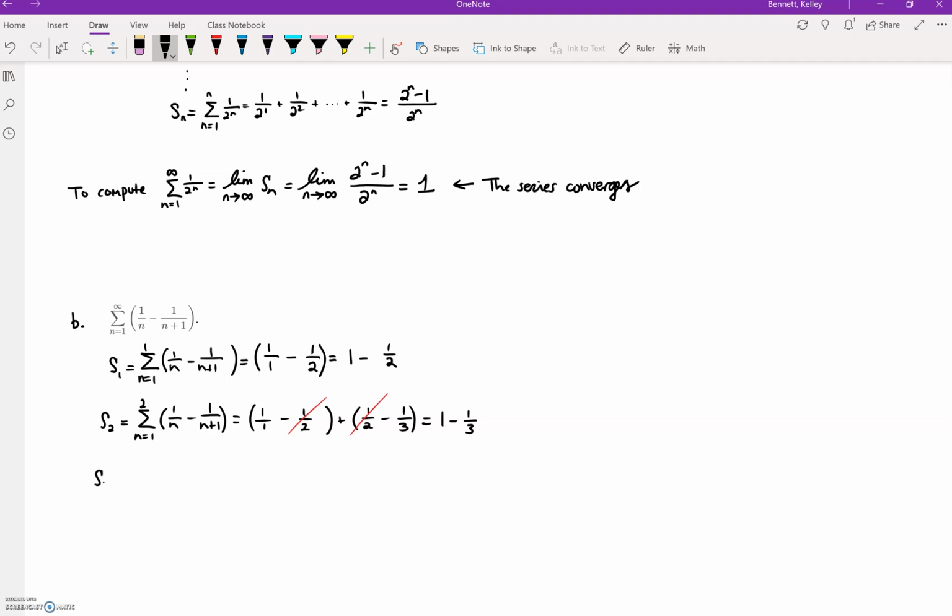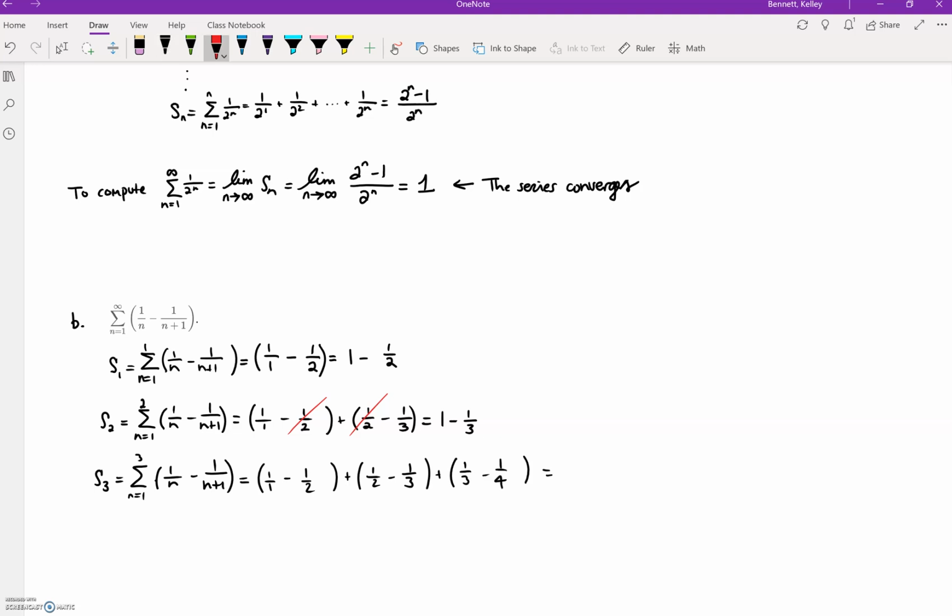And then for S sub 3, n equals 1 to 3, 1 over n minus 1 over n plus 1. And so that's going to be 3 terms for us. So we'll get 1 over 1 minus 1/2, 1/2 minus 1/3, 1/3 minus 1/4.